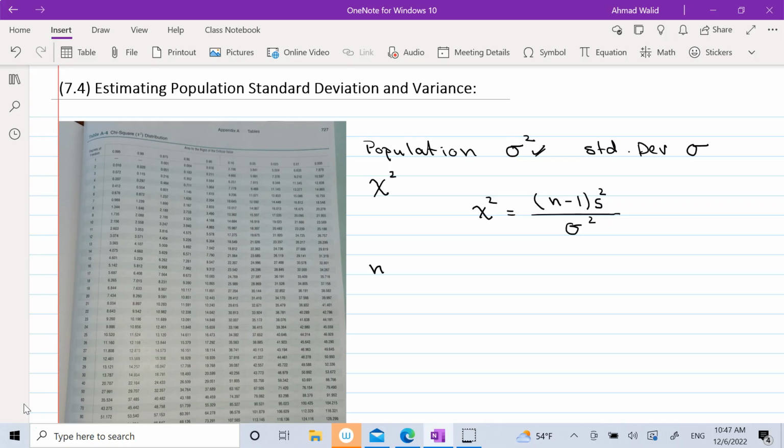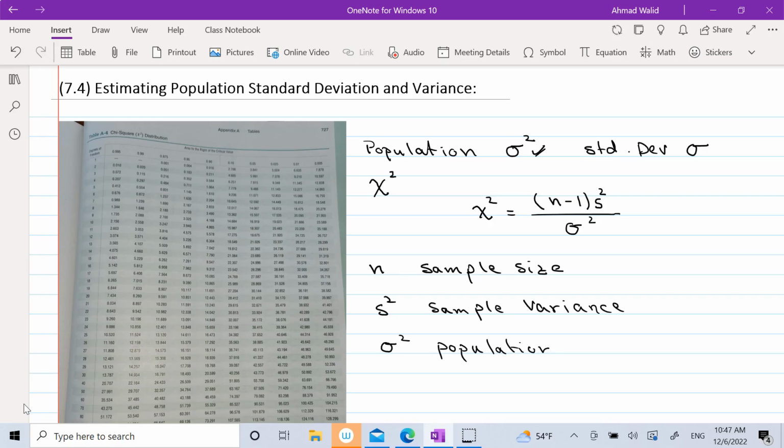N is your sample size as usual. S squared is the sample variance. And sigma squared is your population variance.